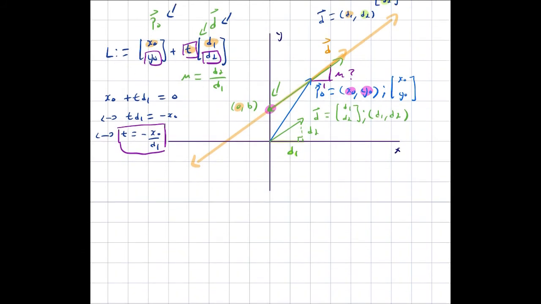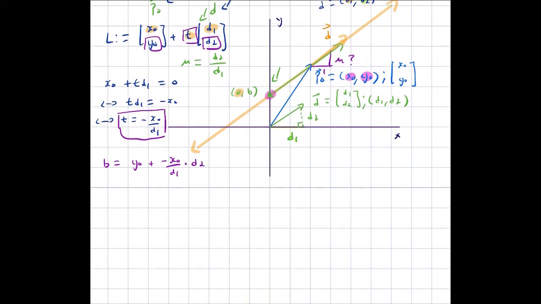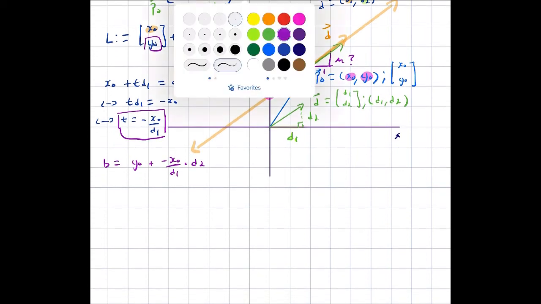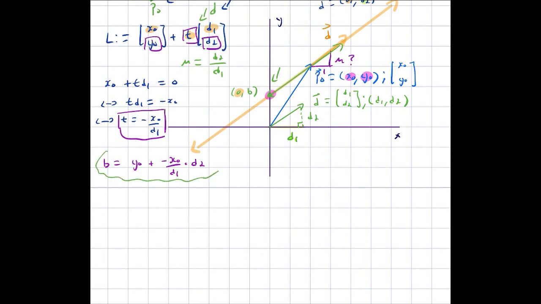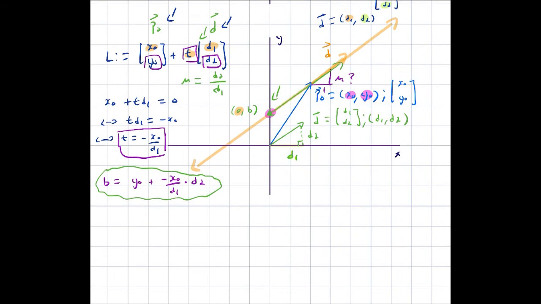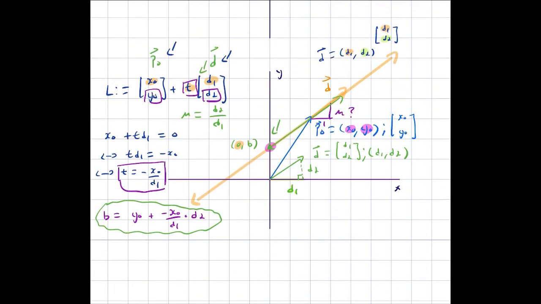So I get my b is going to be y0 plus negative x0 over d1 times d2. That is going to be the y-coordinate of the y-intercept, or just the y-intercept. That is the number, the y-intercept, which is the y-coordinate of the point where the line intersects the y-axis.